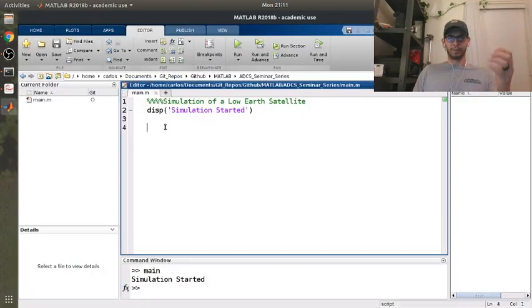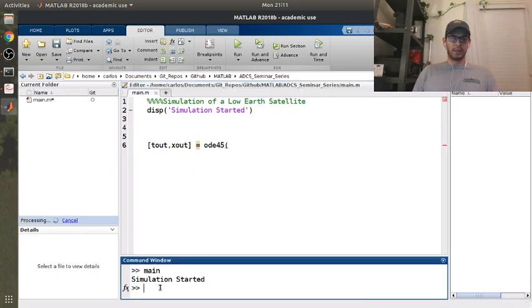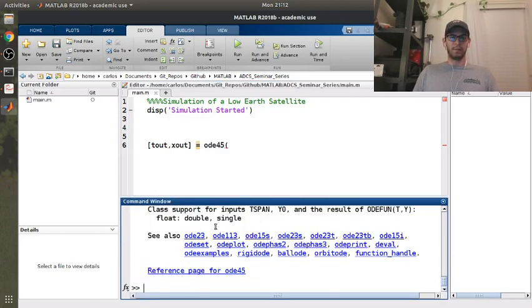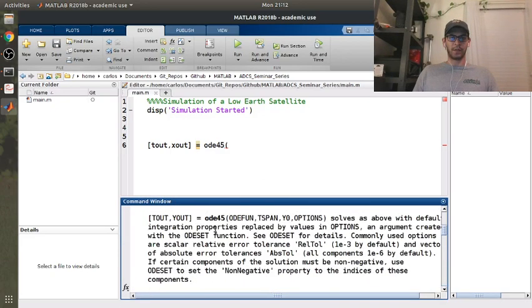ode45 stands for ordinary differential equation 4-5, which is a Runge-Kutta 4, Runge-Kutta 5 adaptive time step. It's been a while since I've coded in MATLAB, so I'm going to type in help ode45 to see how this works.